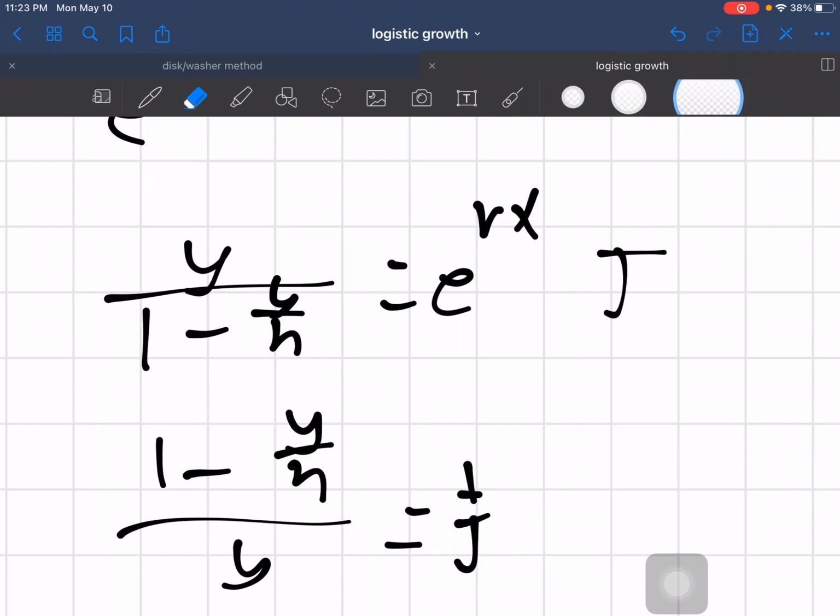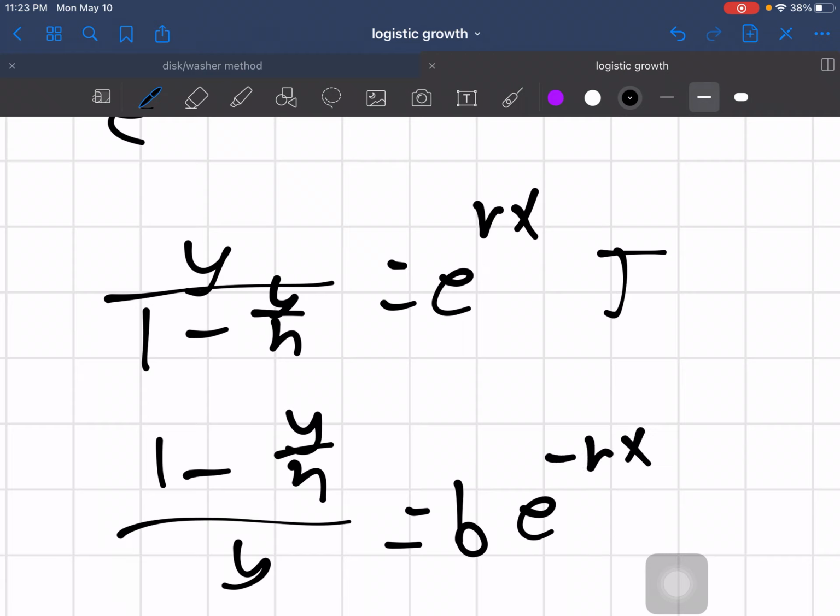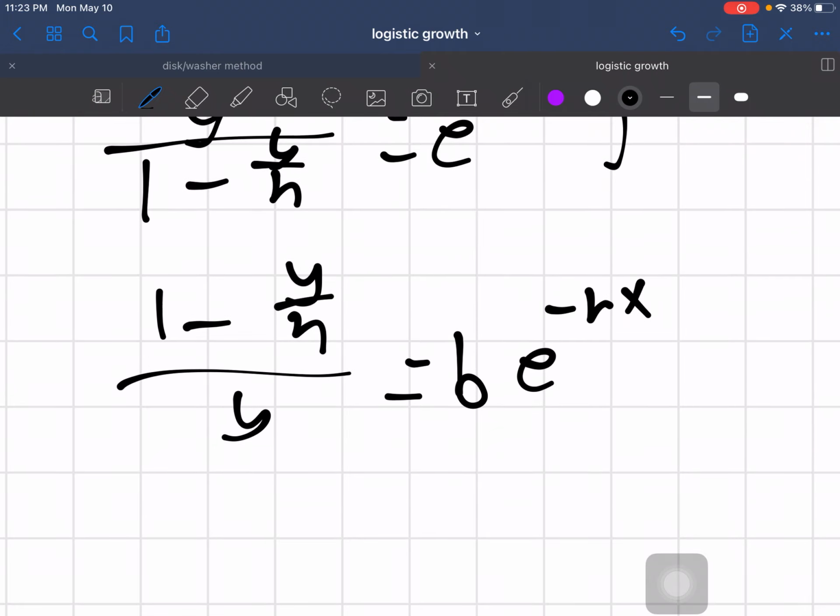So let's rename this constant to b, multiplied by e to the power of negative rx, since 1 over e to the power of rx is e to the power of negative rx.